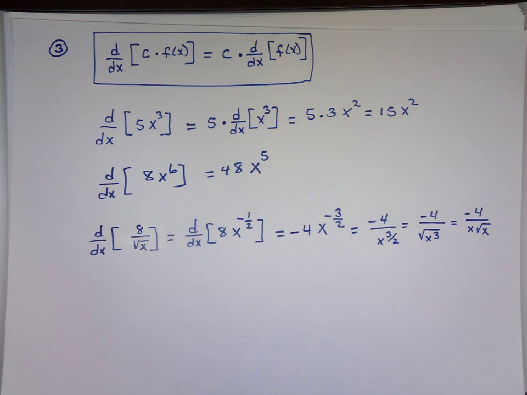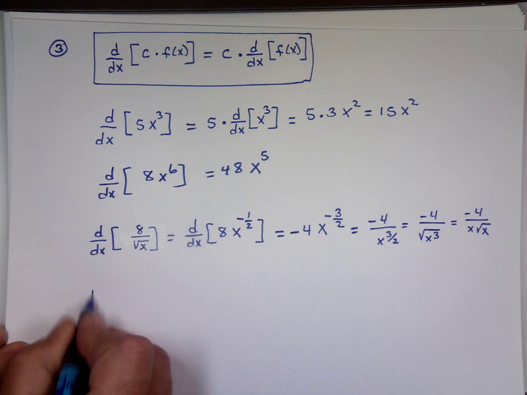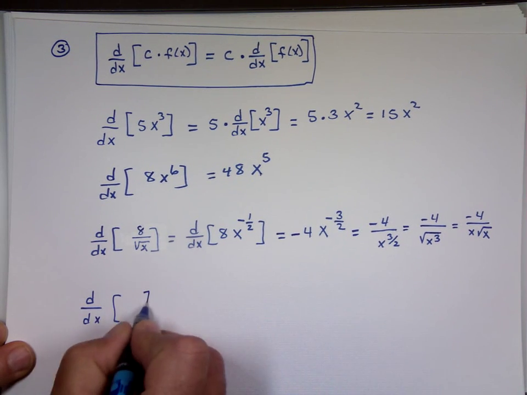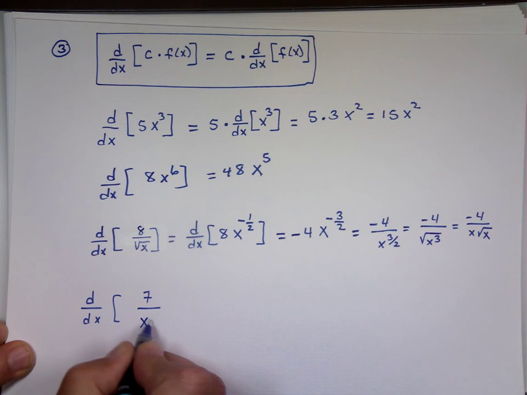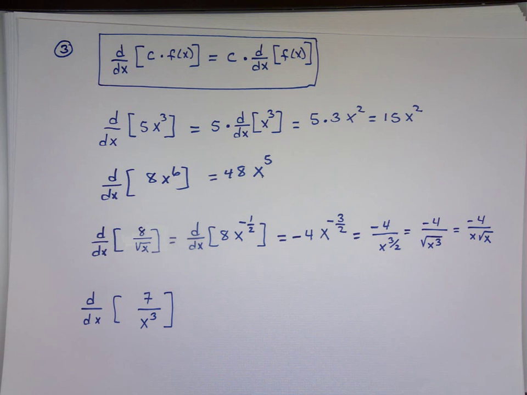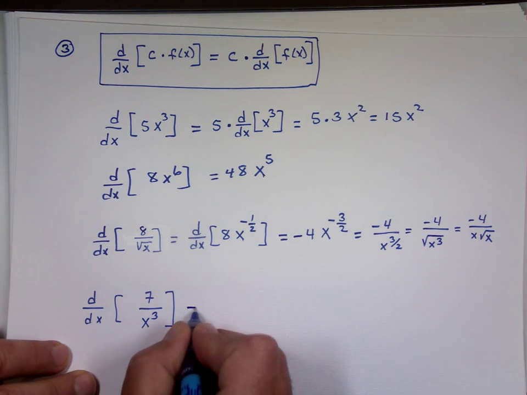Notice, in one line here. The derivative of 7 over x to the 3. I can write that as what?